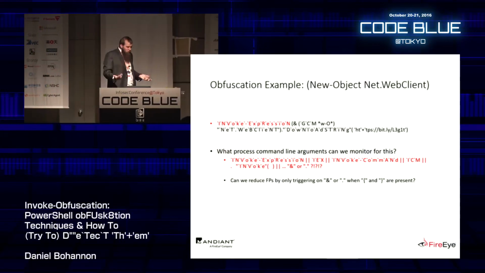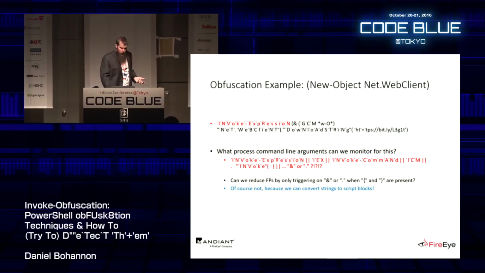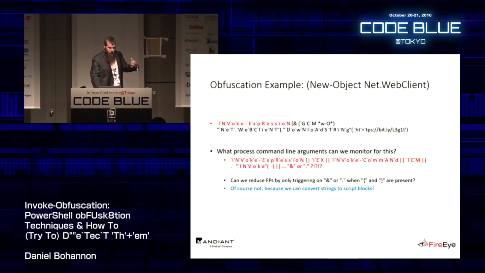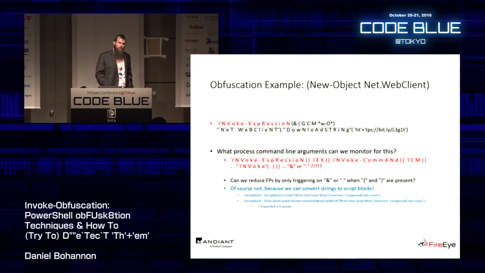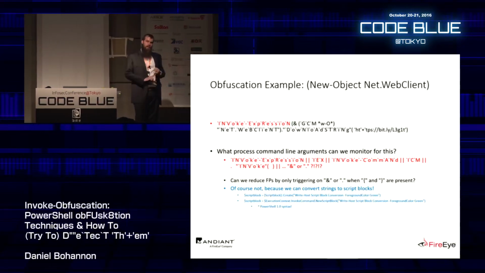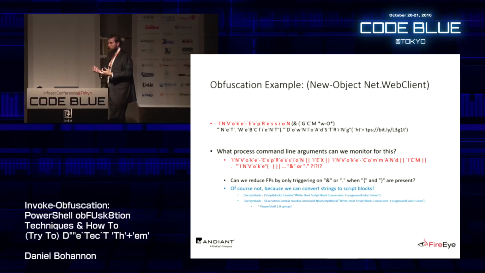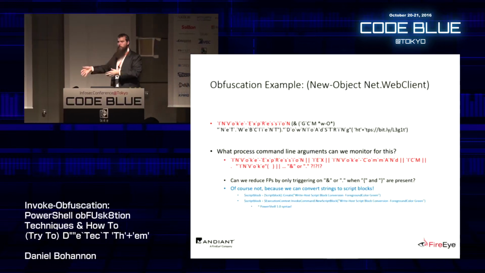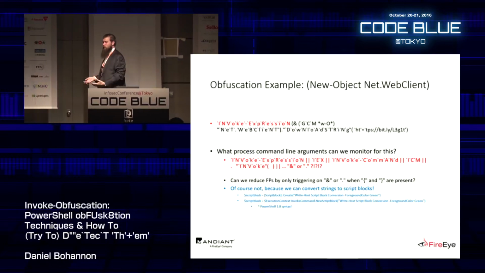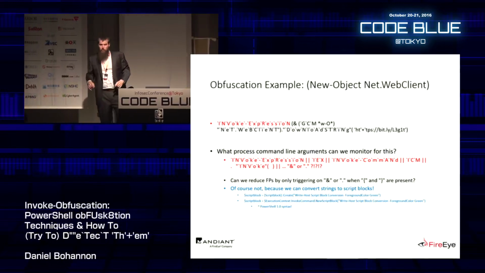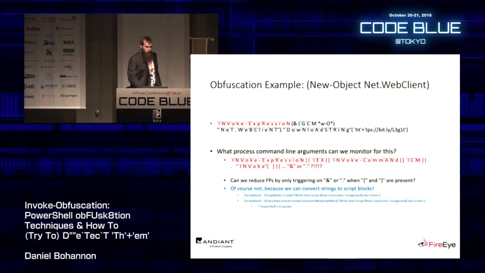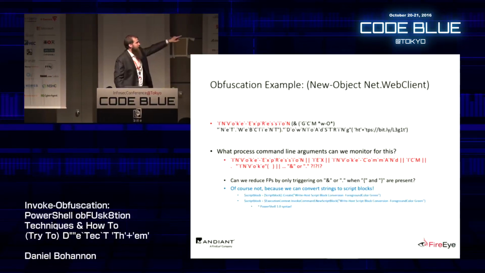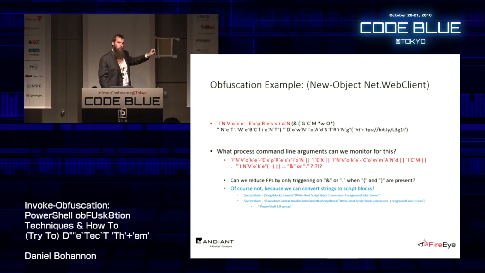Well, that works most of the time. However, you can actually cast or convert strings to script blocks. And again, I know this text is small, but it's in the slides to go back to. But with .NET and with PowerShell 1.0, you can convert an expression into a script block. So now you have a script block without curly braces being used at all, which again makes monitoring for that ampersand and dot operator much more difficult.